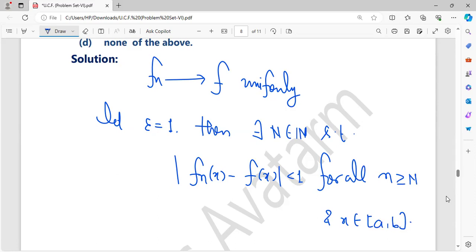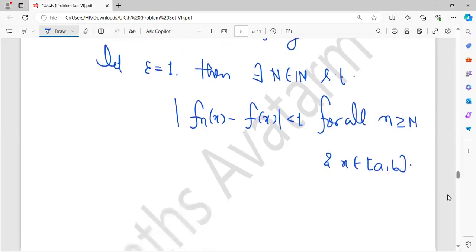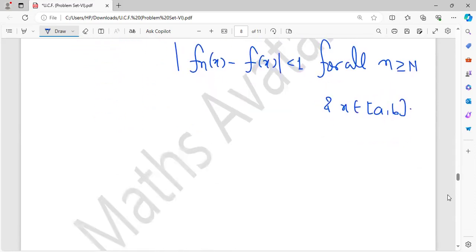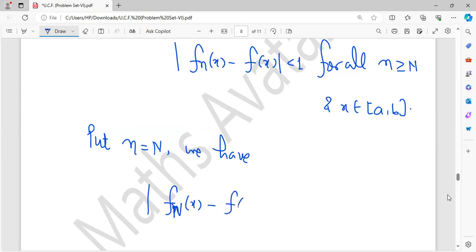Now put n equal to capital N. Still this statement is true, for all x belongs to the closed interval AB.